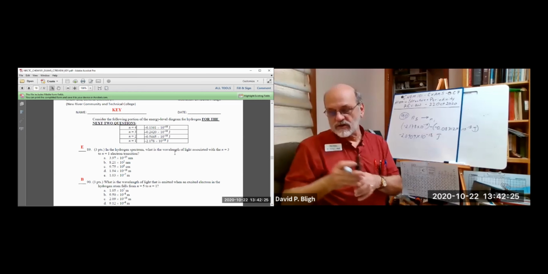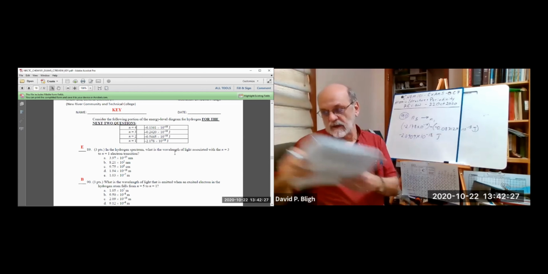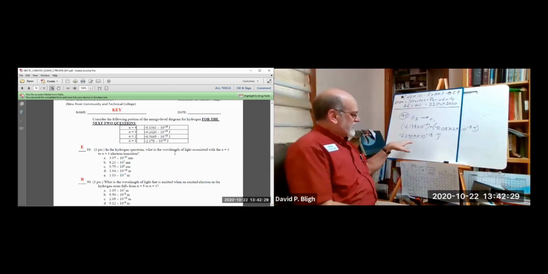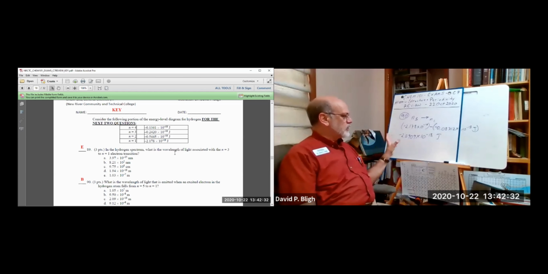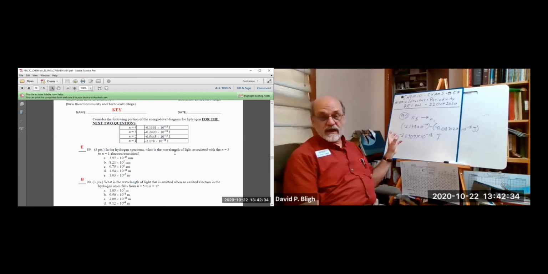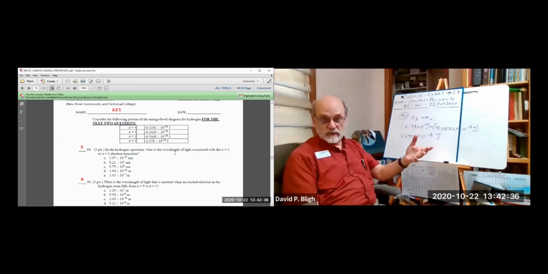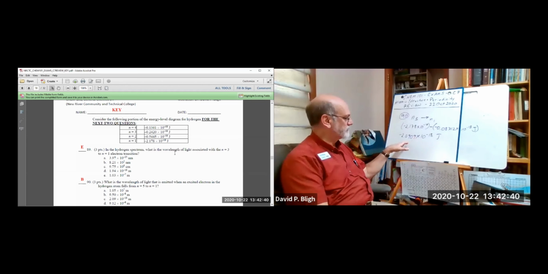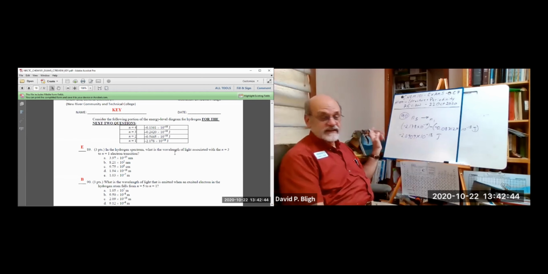So that's the amount of energy. Now this in absolute terms is the energy that is delivered to the light photon, the quantum of light. So we don't need the negative sign. We only need the negative sign to tell us that the energy is being emitted. It's negative.